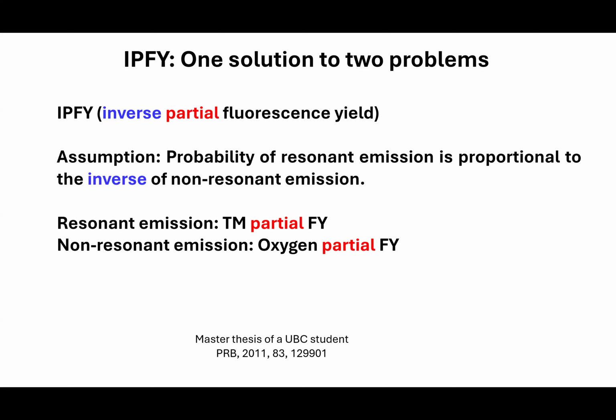What is inverse is actually the non-resonant emission from the oxygen. That's the essence of IPFY. So we need a detector that gives us the capability to measure the oxygen non-resonant emission, and we take the inverse of that. That gives us the partial yield of the transition metal that we're interested in.